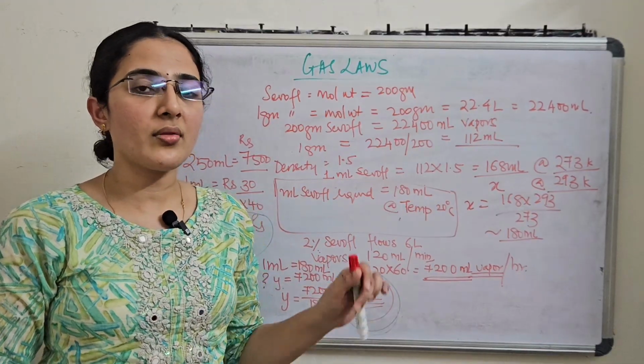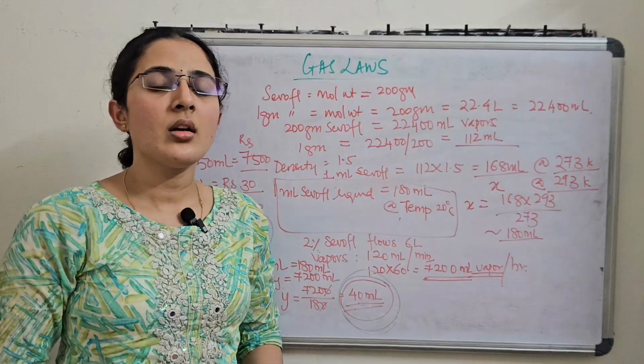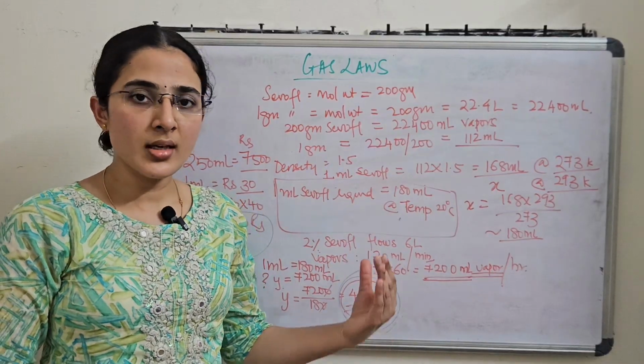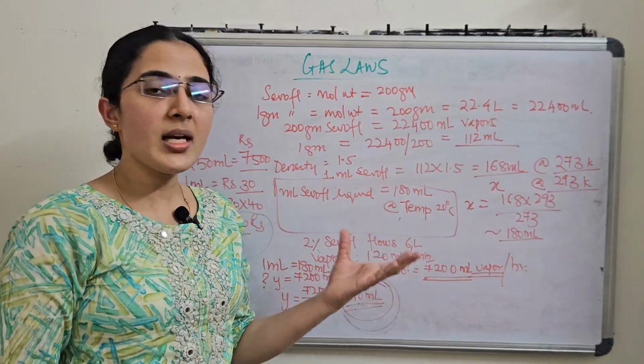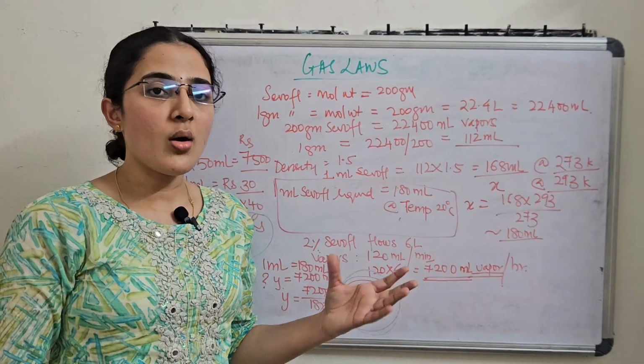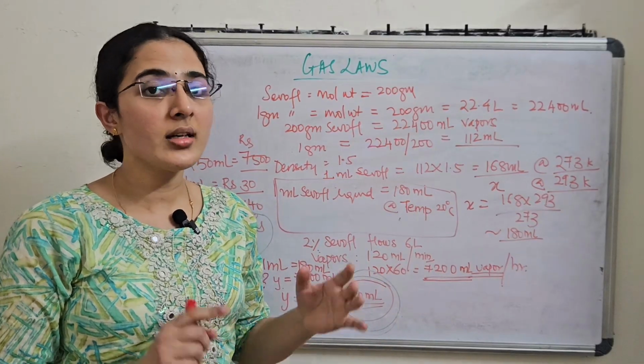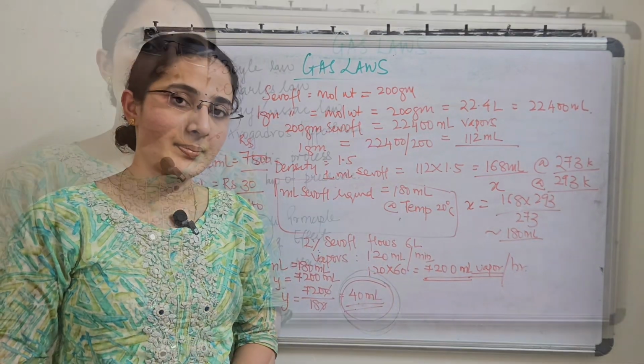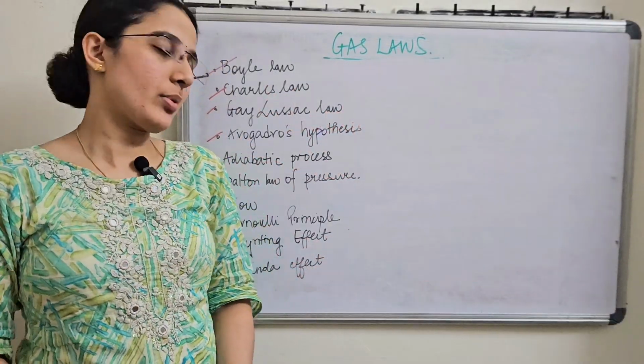This is one of the important calculations which you all have to know, because it is very important in practical life to understand how many ml is required for conducting a particular case.